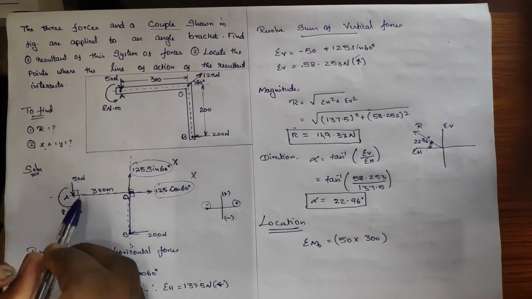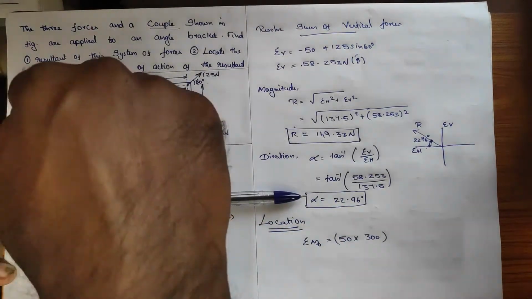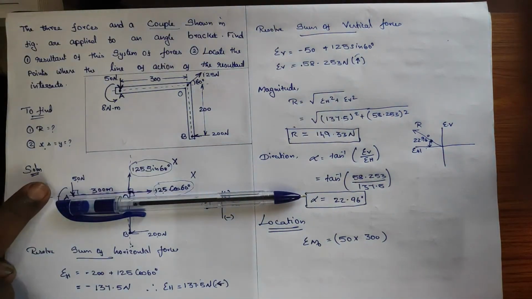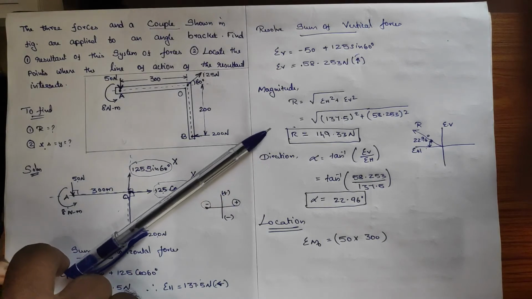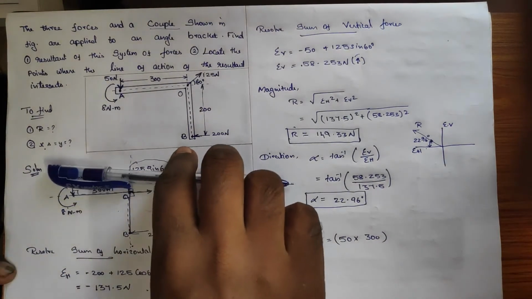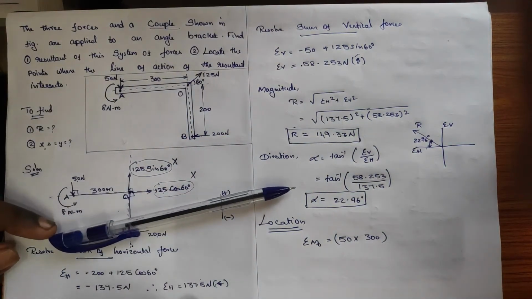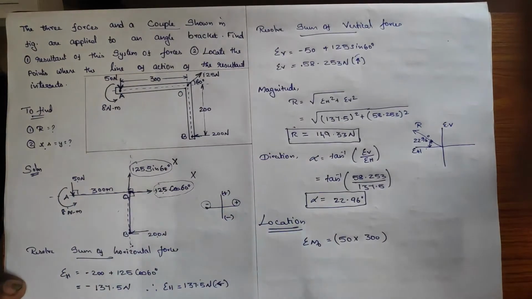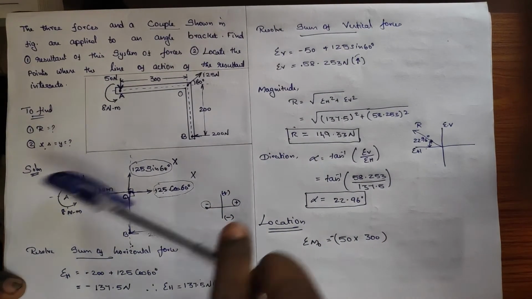And what about the direction? This is how the frame is, and the force is acting upward, right? When it acts upward, in which direction will the bracket move? Anti-clockwise direction. It moves in the anti-clockwise direction, so it's a minus sign.